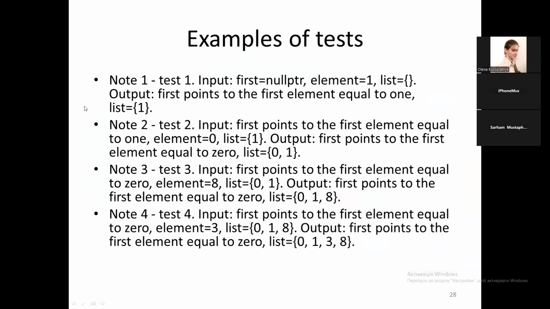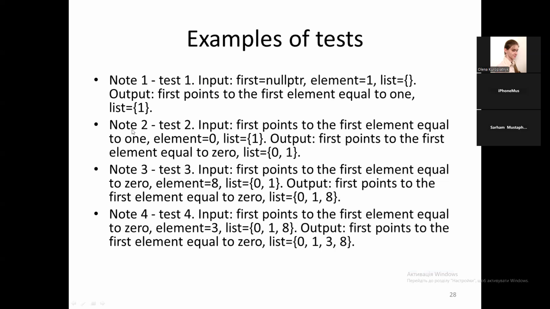For the first case in my table, it is note 1, test 1. When we have input, first is a null pointer, the new element is 1, and the list is empty. I have output: first points to the first element equal to 1, and the content of this list is only one number, 1.